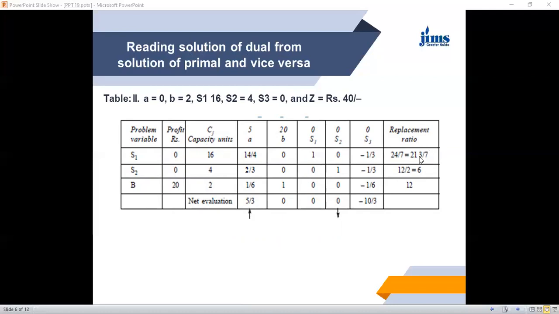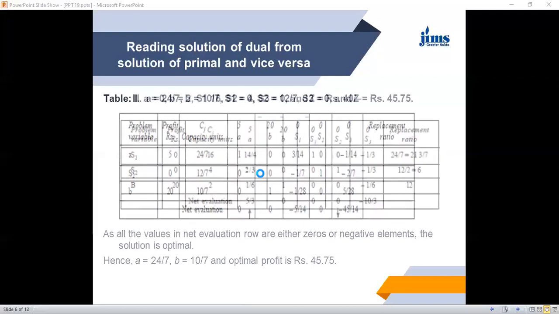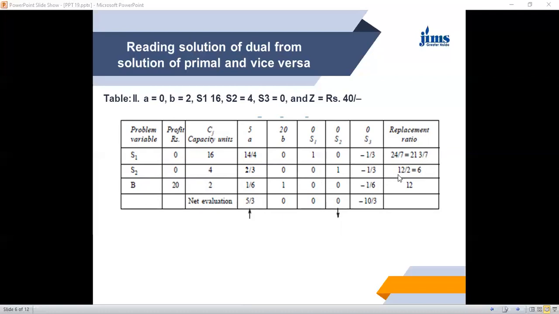Then this is equal to 3 by 7, this is equal to 24 by 7, this is equal to 4 divided by 3 by 2. 12 by 2 is equal to 6.